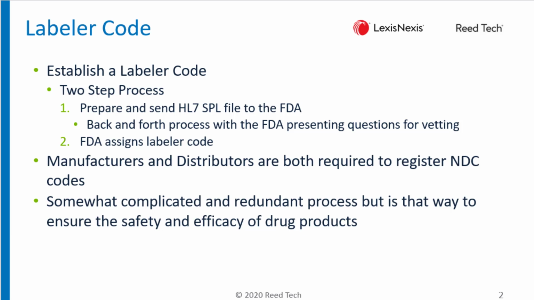It is a complicated and kind of redundant process, but it's the best way to track and ensure the safety and efficacy of these products and where they're coming from. So as I mentioned, both organizations have these requirements, and the FDA is assigning you the labeler code.